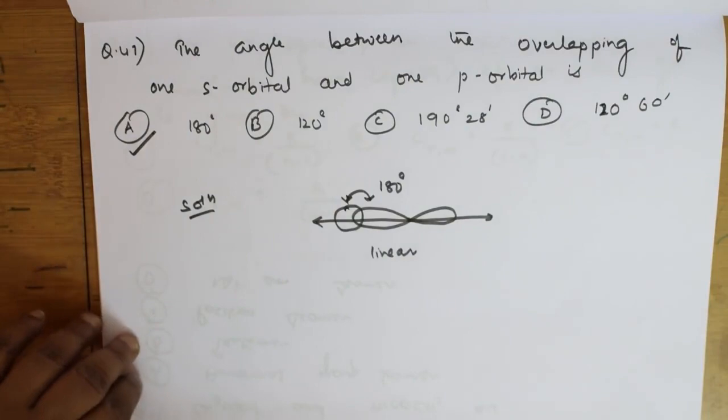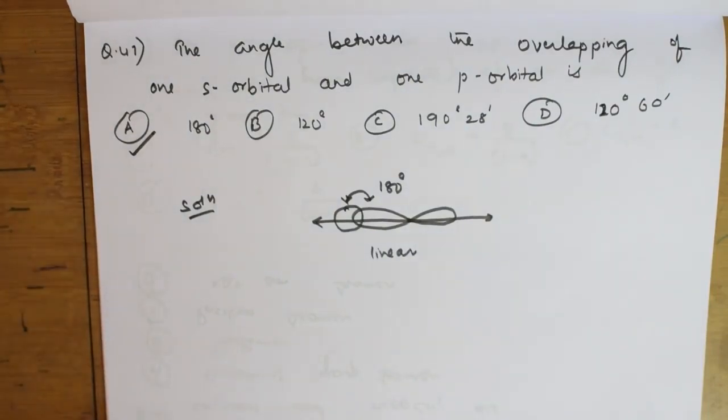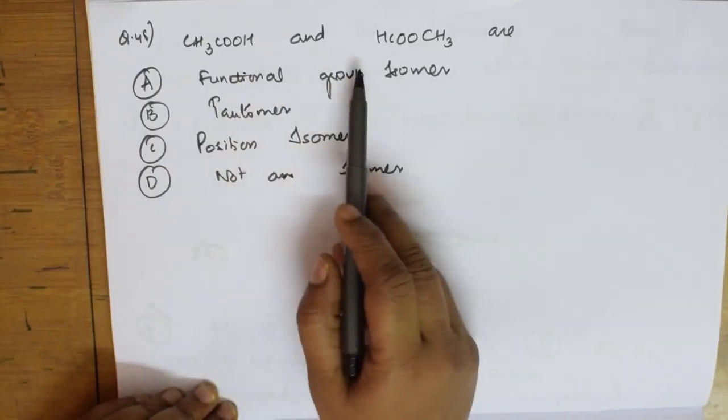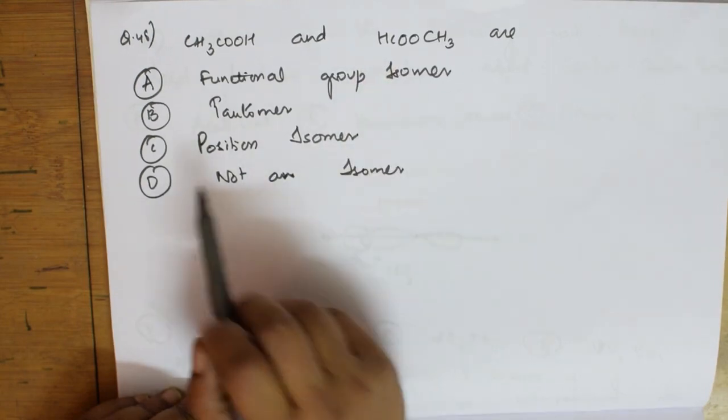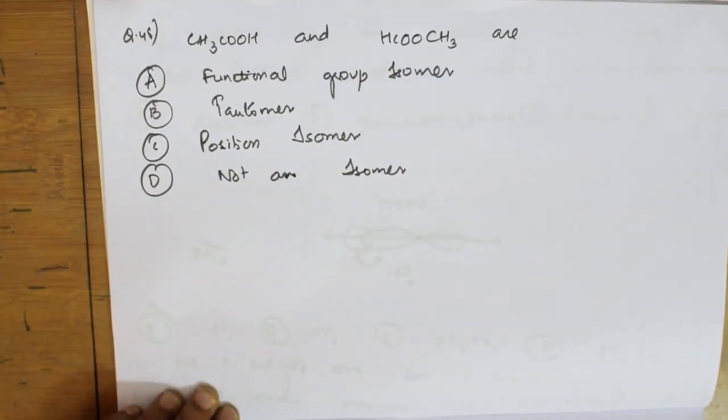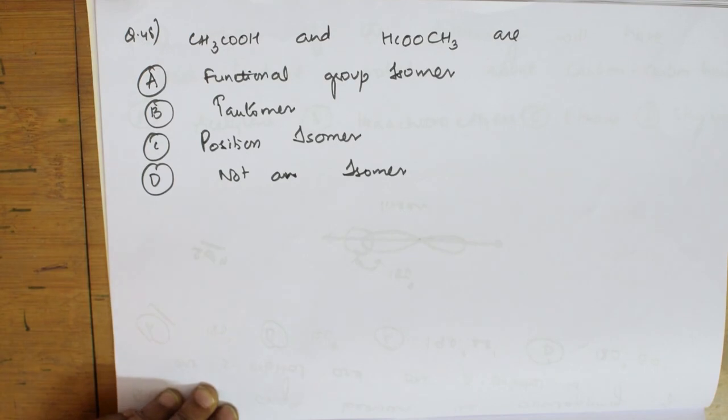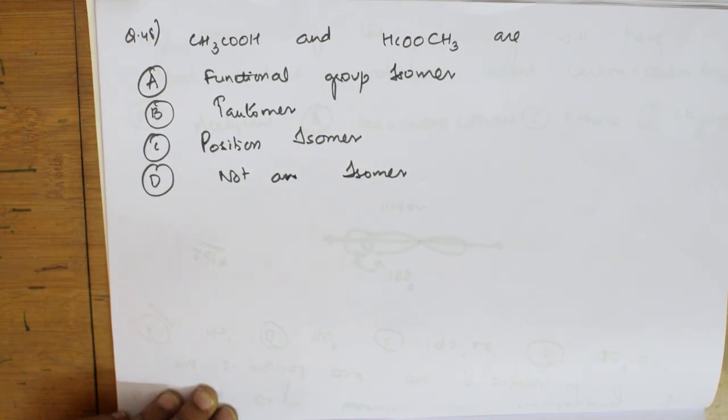So let me take you to the next question. Here acetic acid and HCOOCH3. Most of the students get confused when naming the compound. HCOOCH3, CH3COOH, what is the name? How should you remember this? Basically, in one of the videos I did this question also, how to name it, because most students forget the concept.